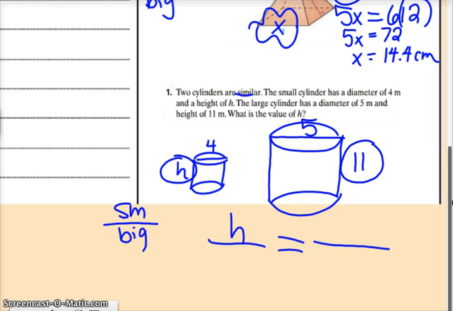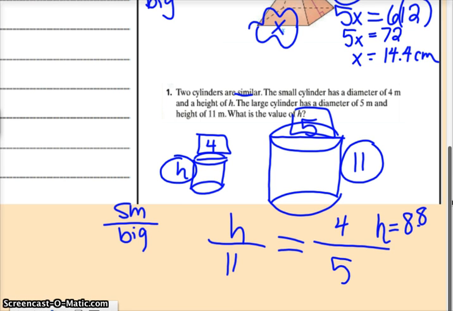Small side is to the big side. I could have said 4 is to 5 first. It doesn't matter. Then I go 11 times 4 divided by 5. And what do we get h to be? 8.8. 8.8 meters.